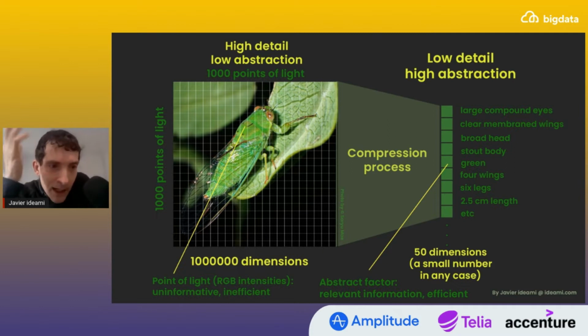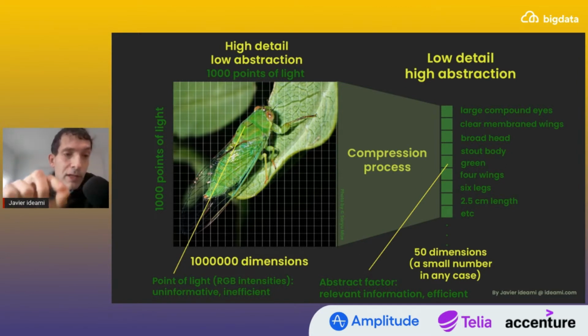Now, these compression and decompression processes provide not only an advantage in reducing complexity and amount of information, but also in basically creating data that is more relevant and useful. If we look at the image of this insect on the left, this is very high dimensional data, right? Millions of dimensions in an image. But what is the point of knowing, for example, that one point of this image has 155 value of green intensity?